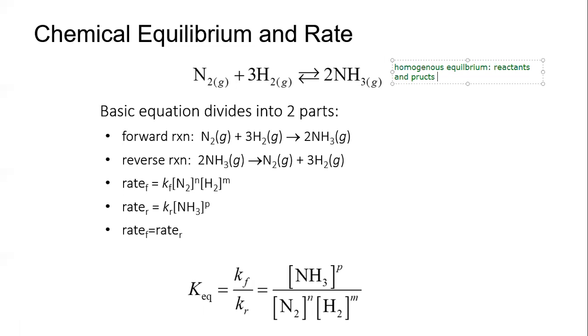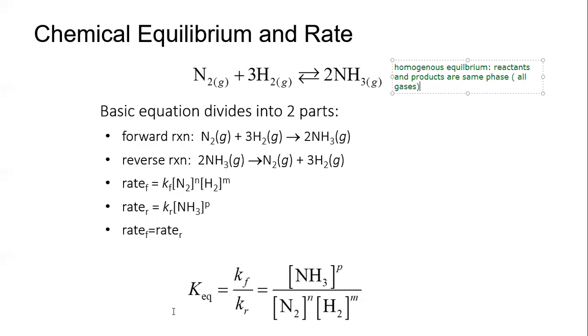And the way you know they're the same phase is because they have the same subscript next to their formula. So they all have G, which means it's a homogeneous equilibrium. So when you have a homogeneous equilibrium, everything is included in the equilibrium expression.